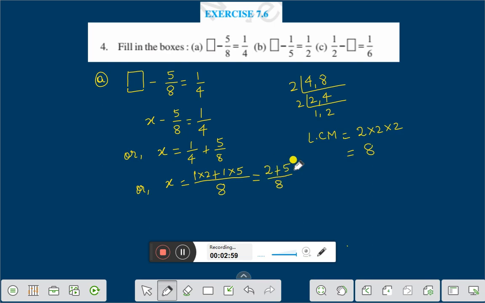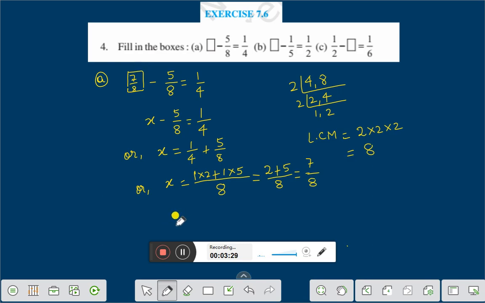This is plus. Now 5 plus 2 is 7, that is 7 by 8, right? The x equal to 7 by 8. Therefore, the value of x is 7 by 8, right?